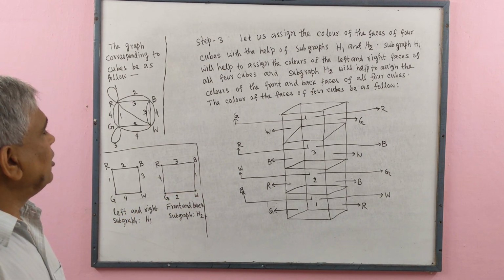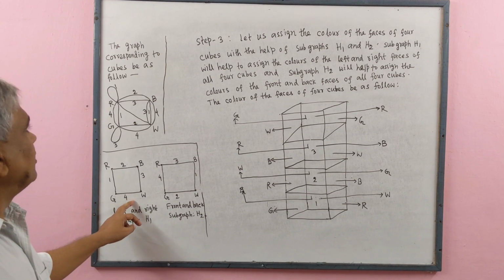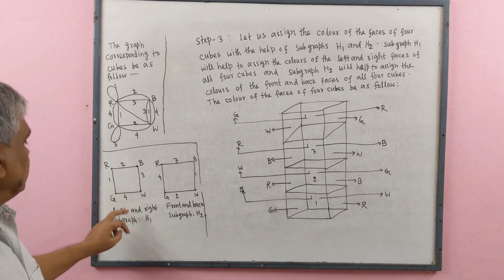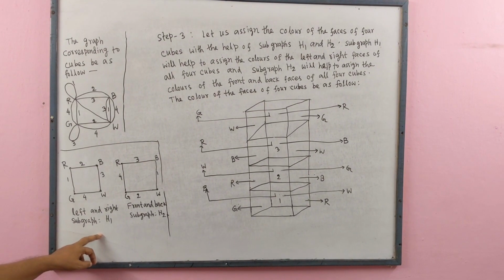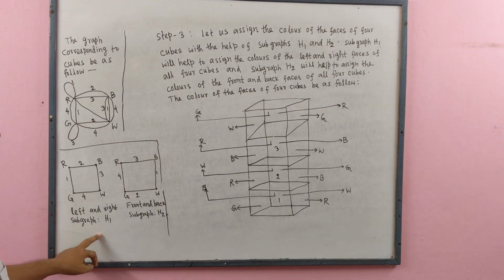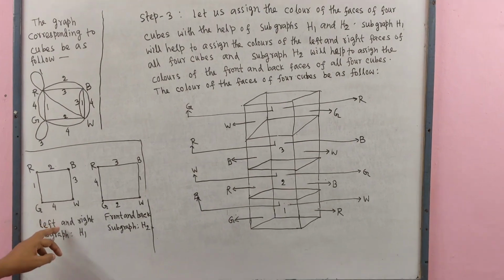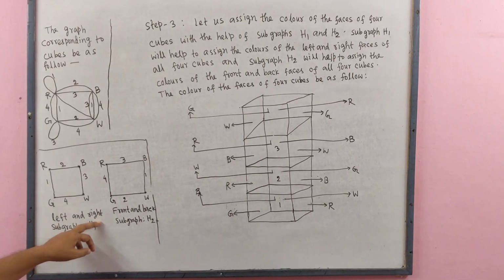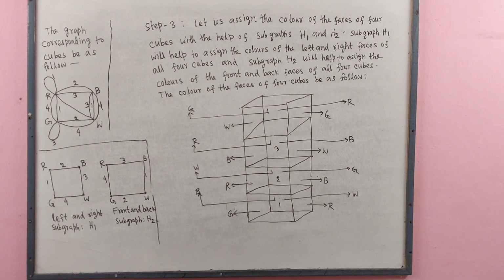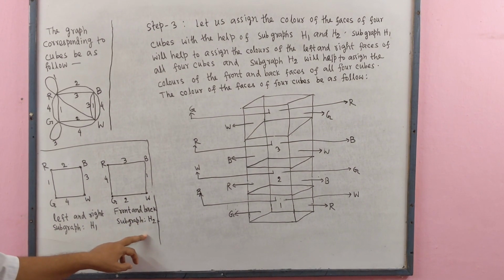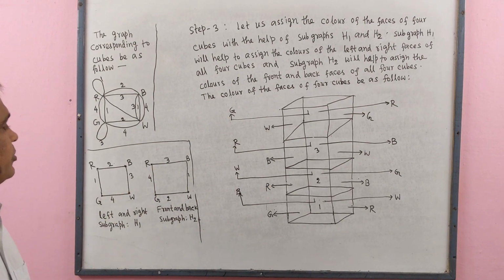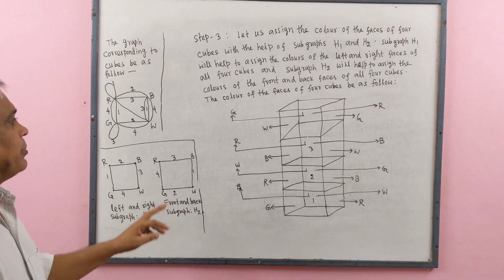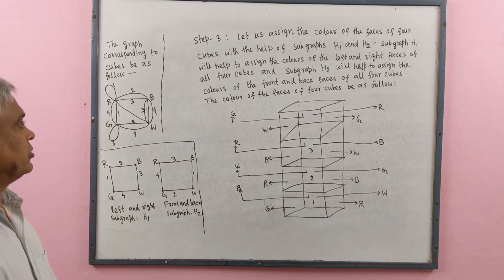Subgraph H1 will help to assign the colors of the left and right faces of all 4 cubes, and subgraph H2 will help to assign the colors of the front and back faces of all 4 cubes.